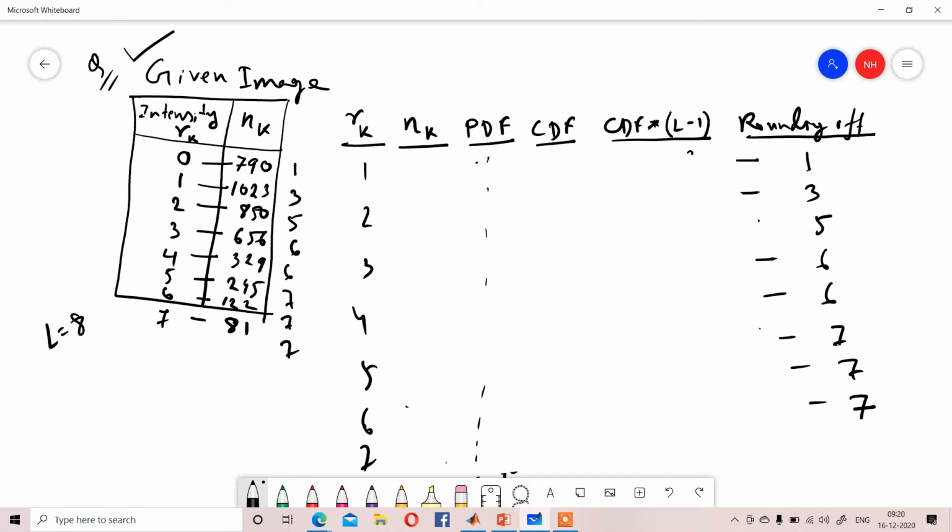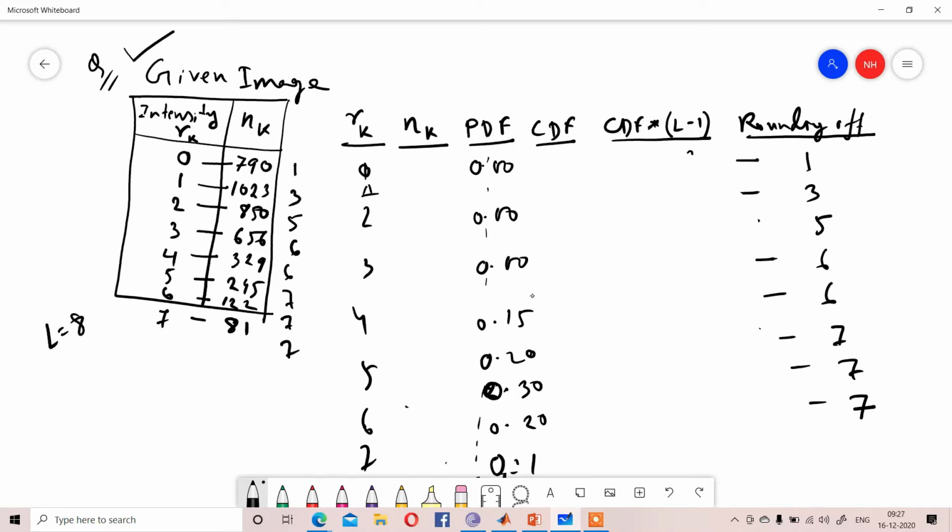The PDFs are 0.00, 0.00, 0.00, 0.00, 0.15, 0.20, 0.30. It will start from 0. So the total is 8 numbers: 0, 1, 2, 3, 4, 5, 6, 7.